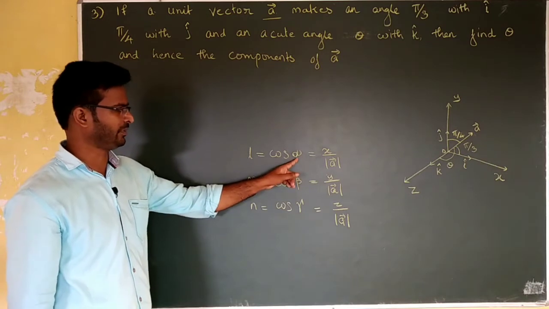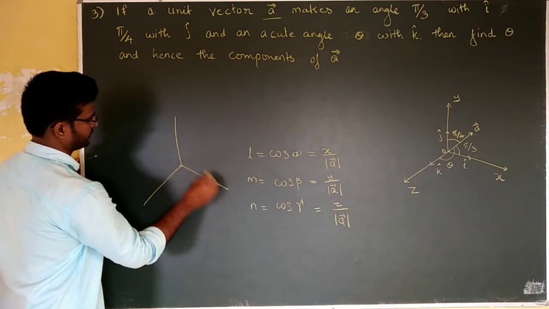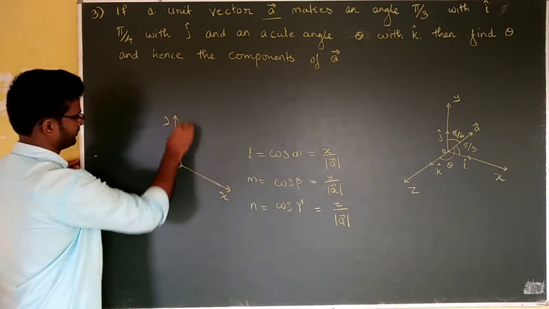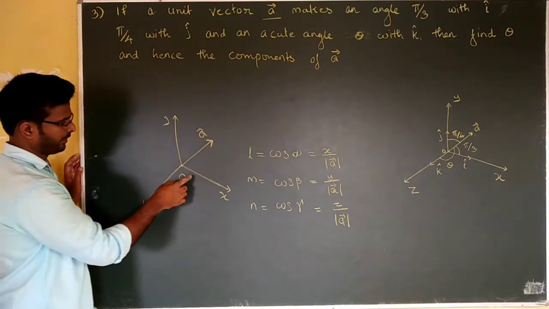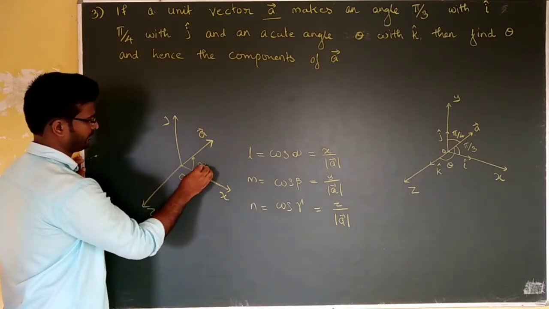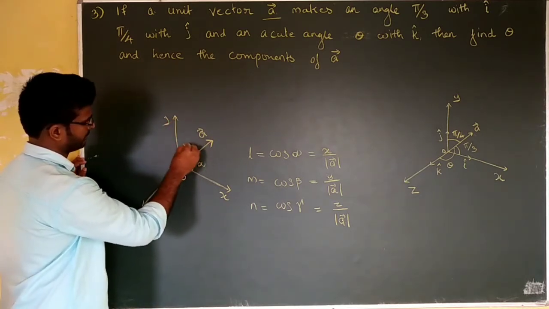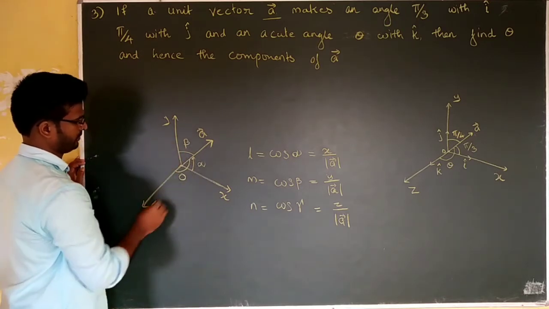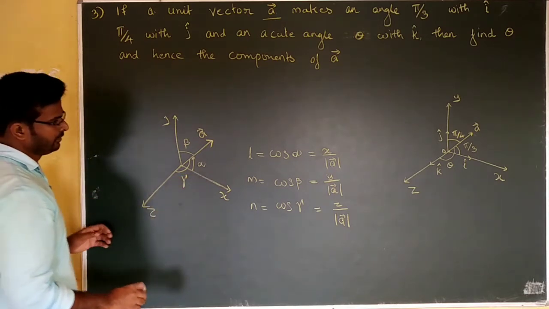Here, what is alpha? Take x, y, z axes and one vector, A vector. The angle between the x-axis and our A vector is alpha, the angle between the y-axis and our vector is beta, and the angle between the z-axis and our vector is gamma.